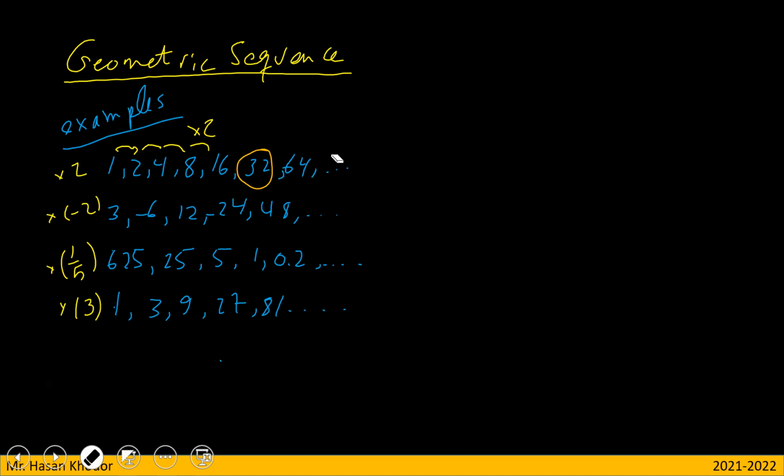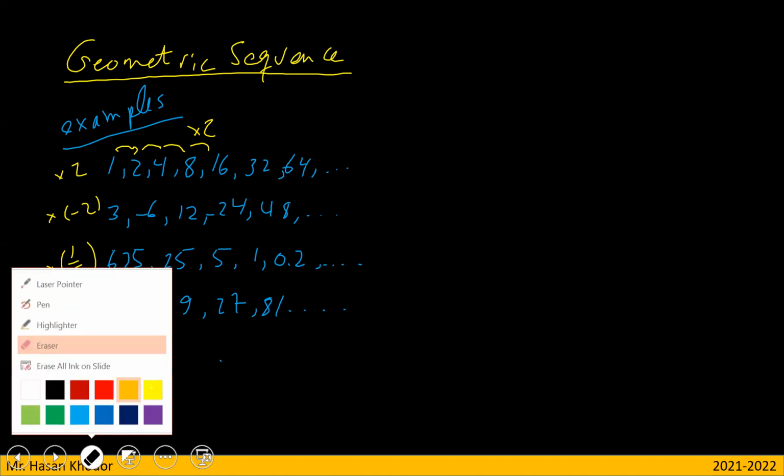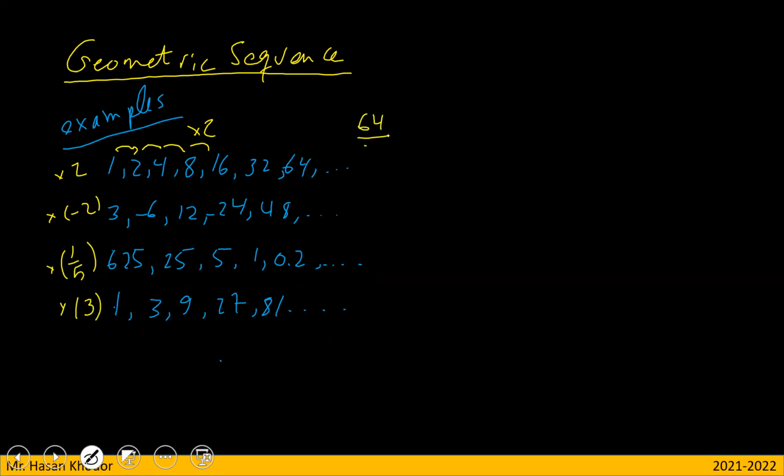Now, instead of finding a common difference here, we'll find a common ratio. That is, look, when you divide 64 by 32, what do you get? 2. 32 divided by 16, 2. 16 divided by 8, 2. 8 divided by 4, 2. 4 divided by 2, 2. 2 divided by 1, 2.